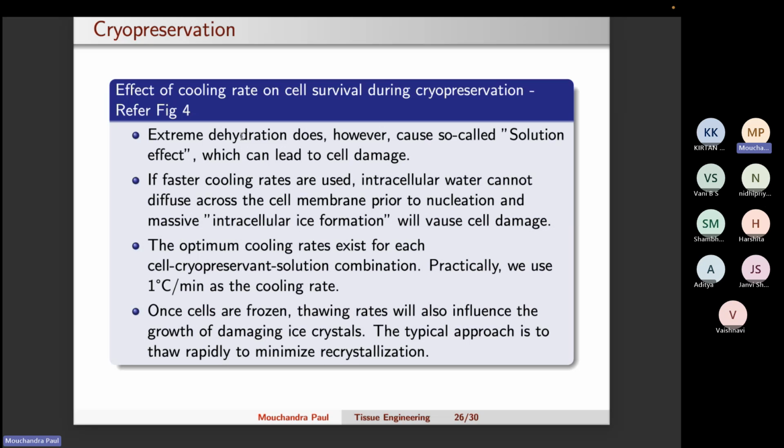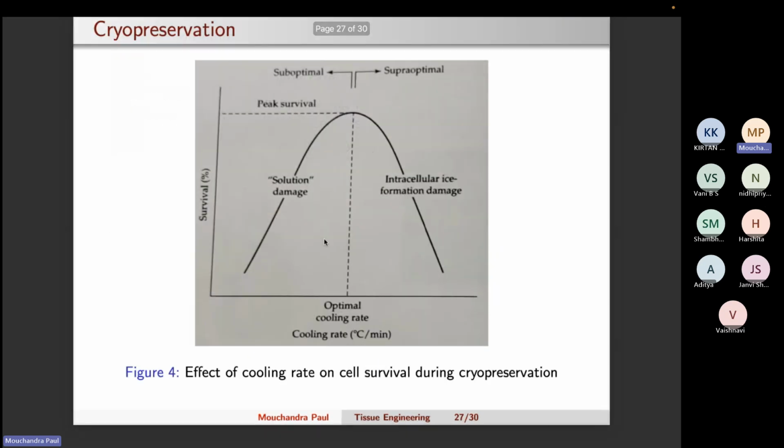So this cooling rate has a very large effect on cell survival during cryopreservation. In this graph, if you are using an optimized cooling rate, then the majority of the cells will survive.